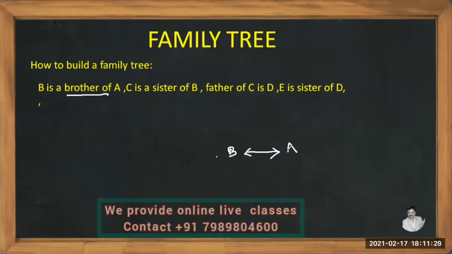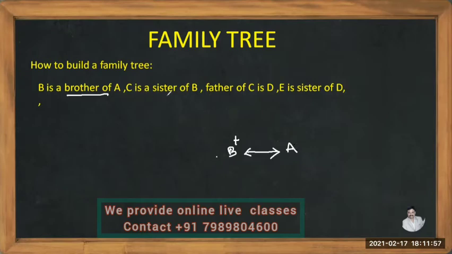As B is the brother of A, B must be a male person, so I am representing it with a positive. A may be positive or negative. A may be the sister of B or A may be the brother of B. As we don't know anything, just leave it aside.